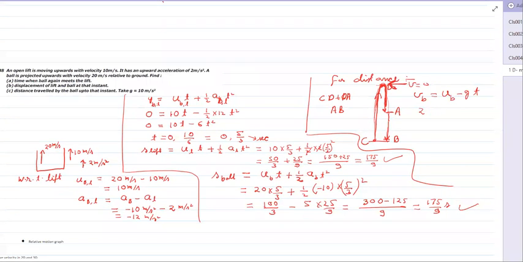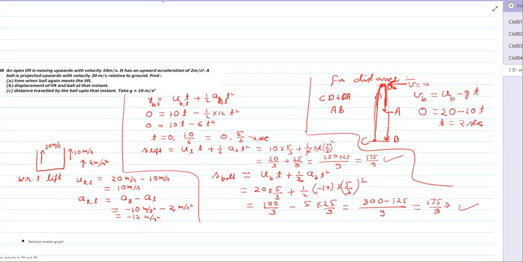Final velocity of the ball is 0 at the highest point, initial velocity was 20, G is 10, and T. So T equal to 2 seconds. At T equal to 2 seconds, the ball is changing its direction.